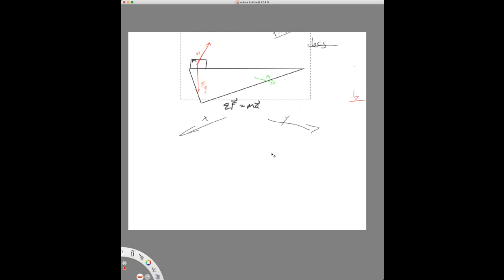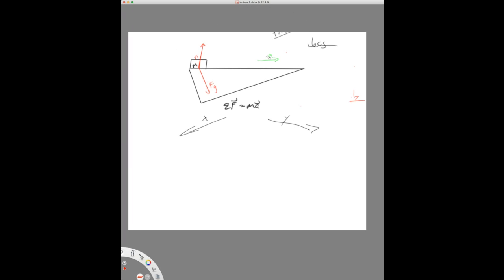On your paper, the trick is just turn your paper at an angle. Now, I want the force of gravity to still point in the same direction it did, so I kind of have to rotate that, almost there, move it. Okay, so that's what it should look like.